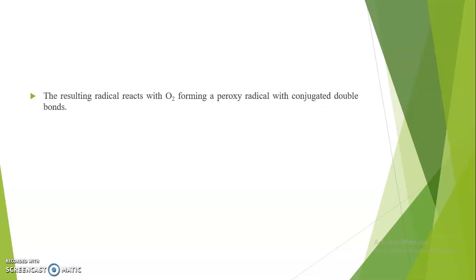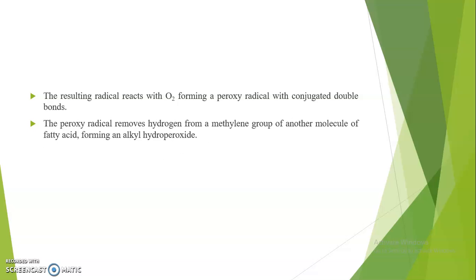After the initiation step, we have seen that there will be formation of a radical. That radical reacts with oxygen, which forms a peroxy radical with conjugated double bonds, and the peroxy radical removes the hydrogen from the methylene group of another molecule of fatty acid, forming the alkyl hydroperoxide.